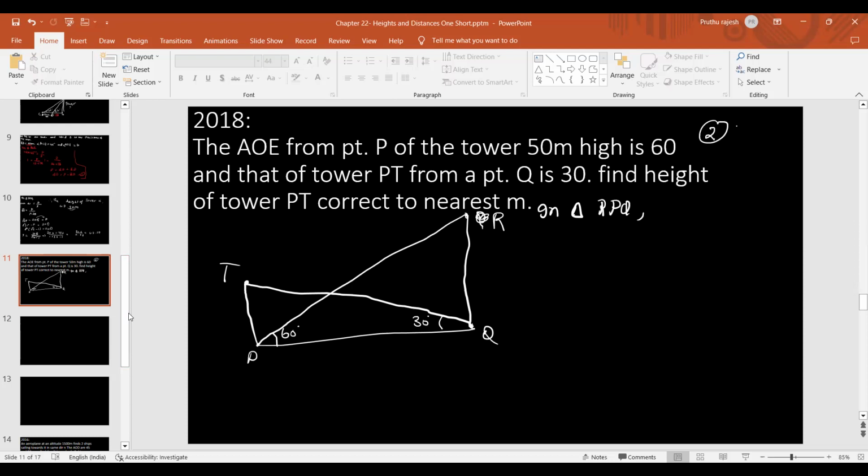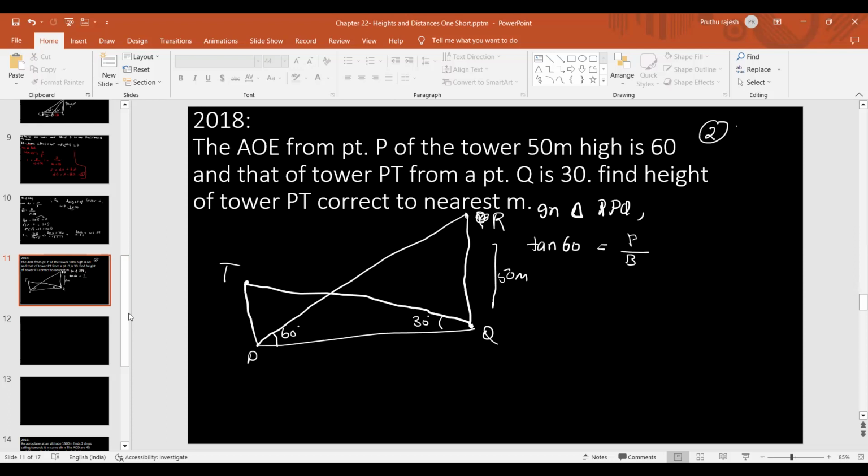tan 60. They have given the angle of elevation of the RQ tower to be 60 degrees. So we have to use tan here. Tan 60 equals perpendicular by base. Perpendicular QR is given as 50 meters.